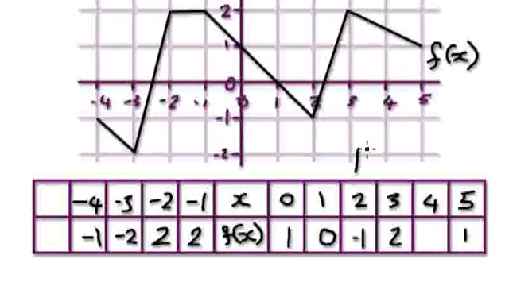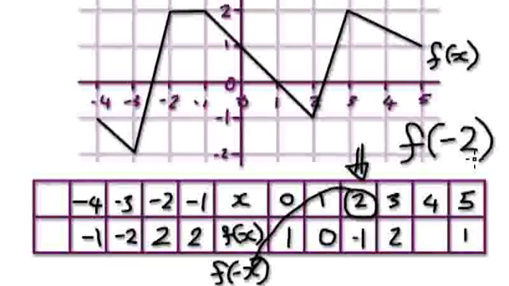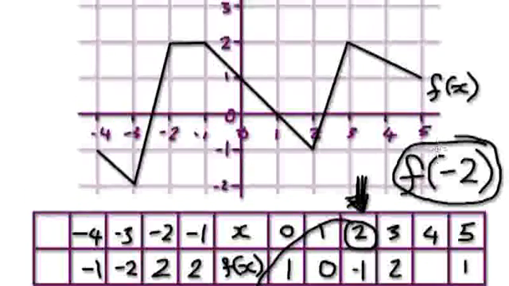Let's look at f of 2 now. Let's look at when x equals 2. When you put this 2 into f of negative x, it's really you trying to work out f of negative 2. When x is 2, you are actually stealing the point from f of negative 2.